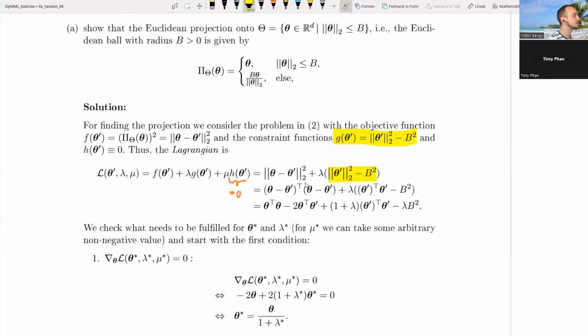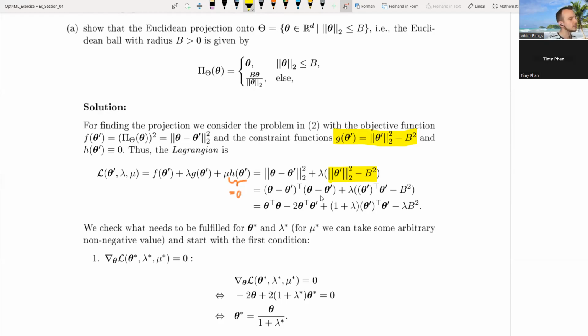We use that we can write the squared Euclidean norm simply as the inner product of the vector inside the Euclidean norm with itself, and the vector here is the difference between theta and theta prime. Here the same, just the vector is theta prime.